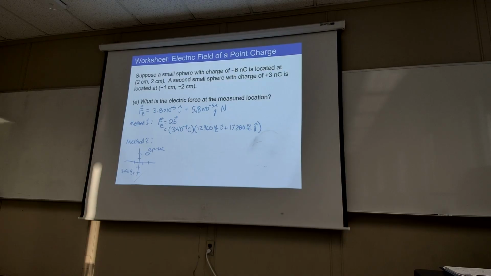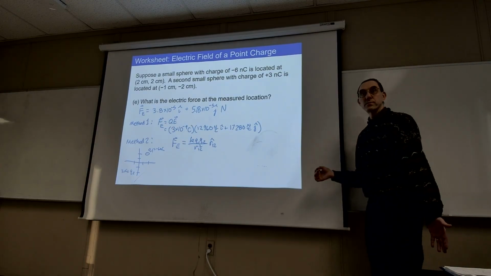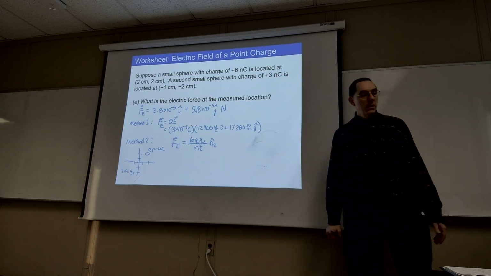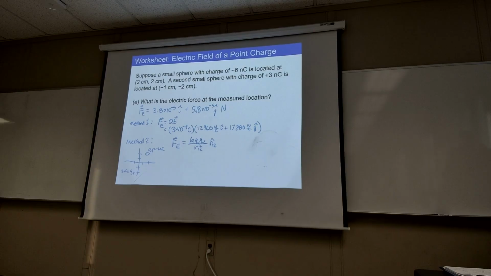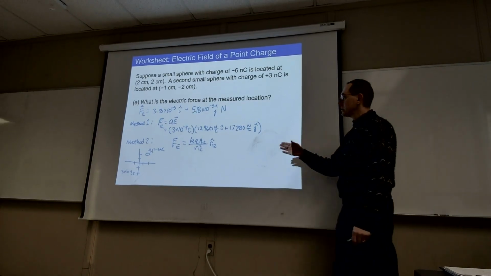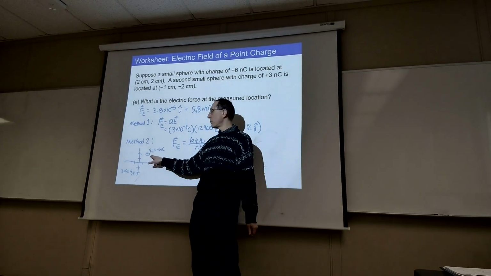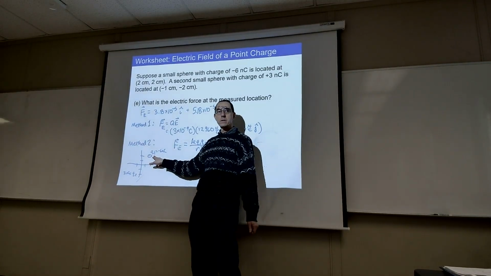All right, so in that case, we could calculate the force this way: F equals K Q1 Q2 over the distance squared times the r hat vector between those two, from source to test. That's our Coulomb's law approach. Okay? So the question is, which one is the source charge, which one is the test charge? Is Q1 the source charge or the test charge?